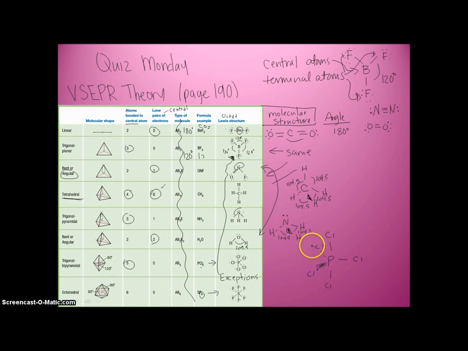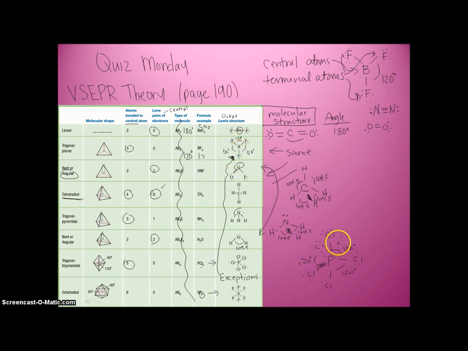So it's almost like this trigonal planar right here turned on its side and laid right here with 1 up and 1 down. That's all it is. So as you can guess, these angles right here are all 120 degrees away from each other. They are the same as this trigonal planar here.